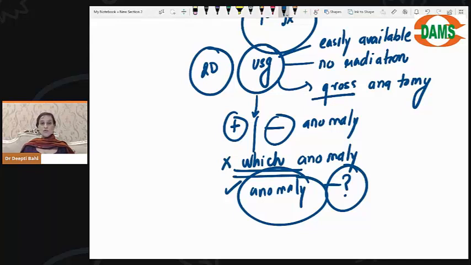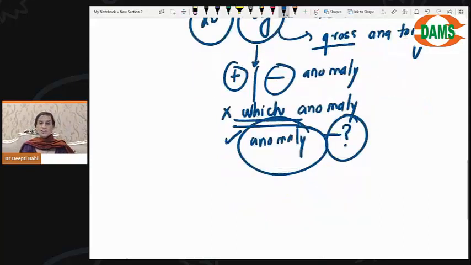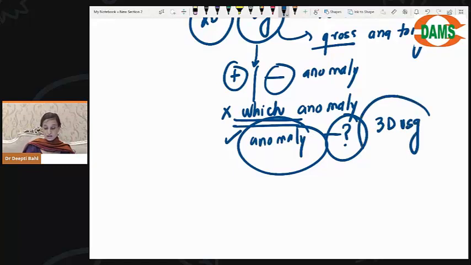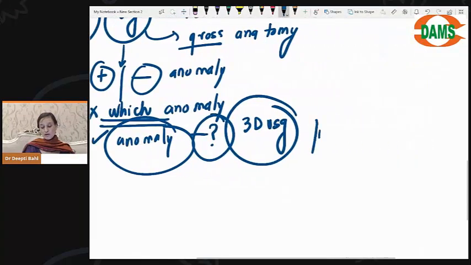Batao, we want to look at the fundus. You remember I said always first look at the outer contour, not the inside, okay? So the investigation which will give us a good view of the fundus and the 3D anatomy would be a 3D or a 4D scan.